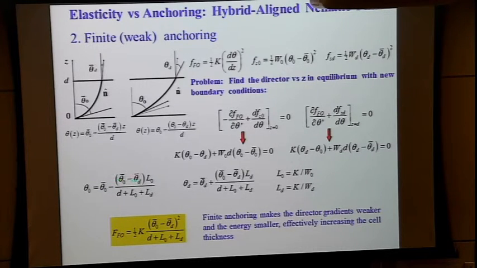How much smaller? By this difference in the total orientation at the top and the bottom, divided by the thickness of the cell and multiplied by L. And L is the shorthand notation for the quantity K over W. Remember, we were talking about the dimensions and the values. It's, as Lisa said, on the order of 1 micrometer. It is true.